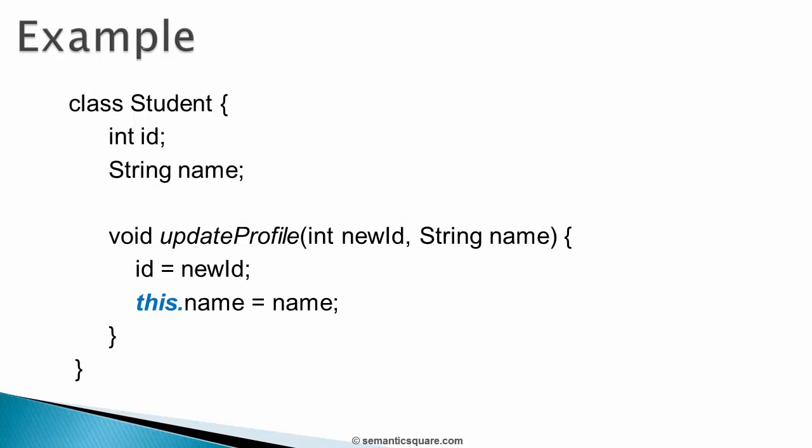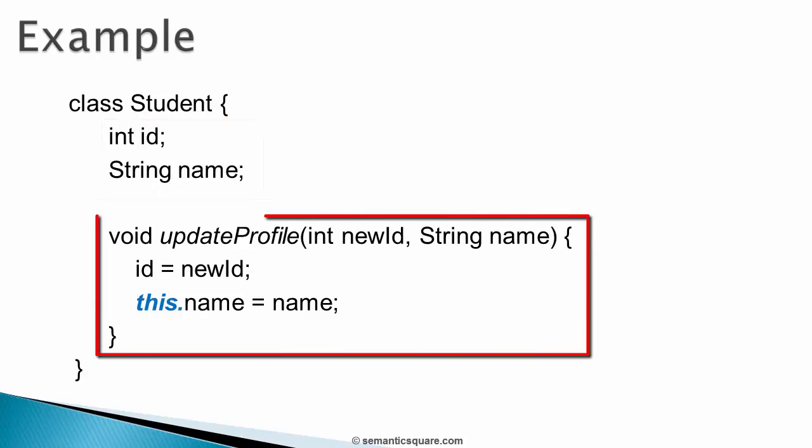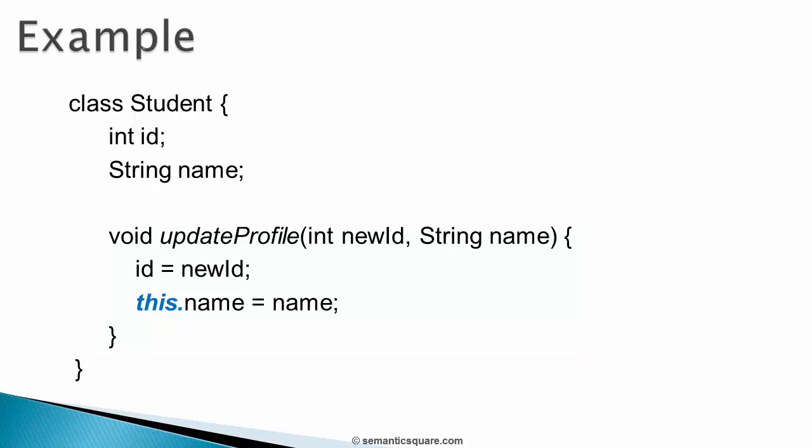In this example, there are two instance variables, id and name. There is also the method updateProfile, which has two parameters, new id and name. So one of the instance variables and one of the method parameters share the same variable name called name. Due to this, we say that within the method updateProfile, the method parameter name is hiding or shadowing the instance variable called name.